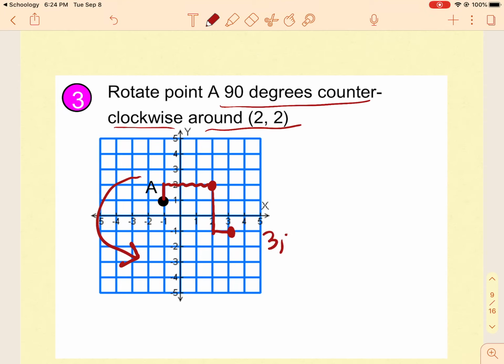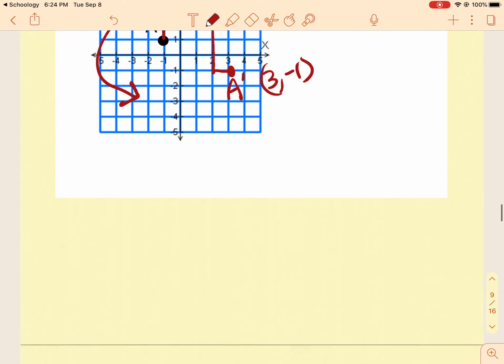That new point ends up at 3, -1. There is no rule to do these when it's not around the origin. So those rules, switching x and y and taking the opposite of x, only work when it's about the origin. But if you're able to kind of visually see this, you're pretty well off because these are challenging problems.